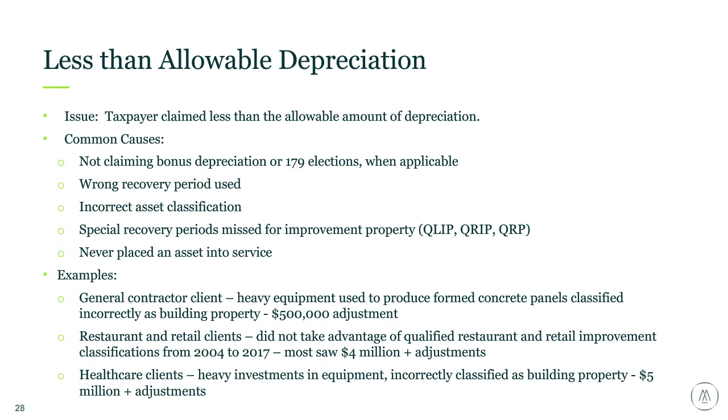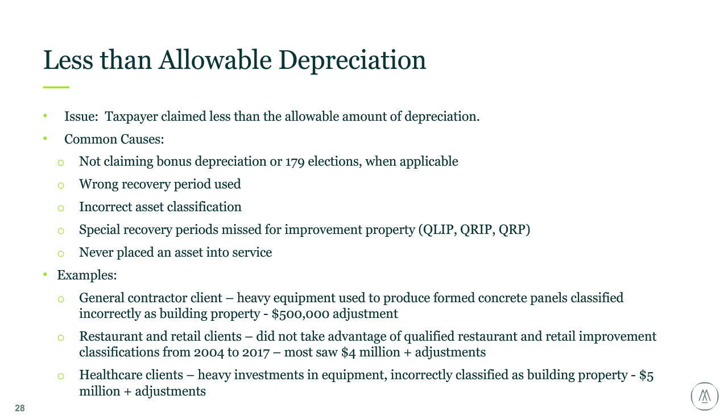So I went ahead and noted some examples here from recent fixed asset studies that we did for a couple of our clients. And I know I mentioned the restaurant and retailers a couple of times, but maybe worth noting is the healthcare client at the bottom. They're always making heavy investments in equipment, lots of imaging and radiology type equipment that is a very big ordeal to install.